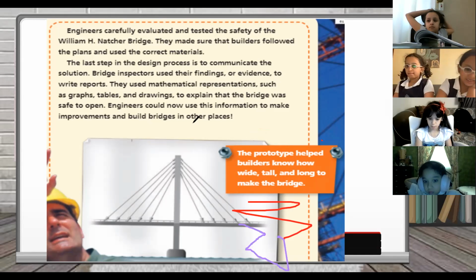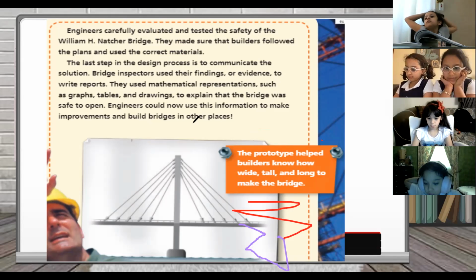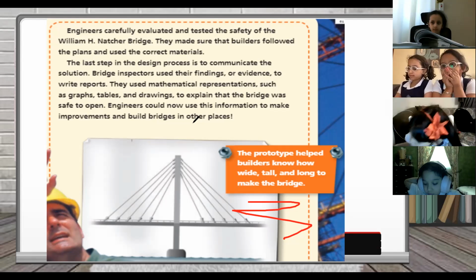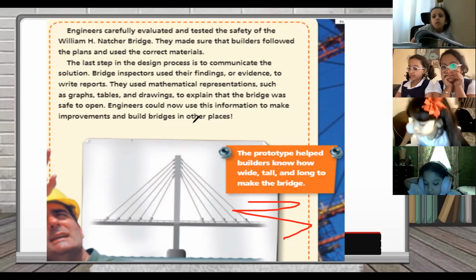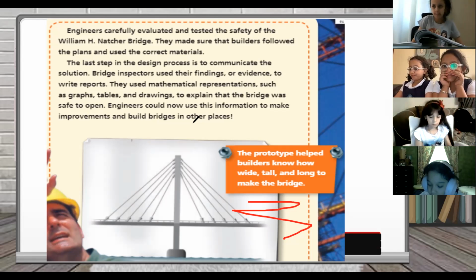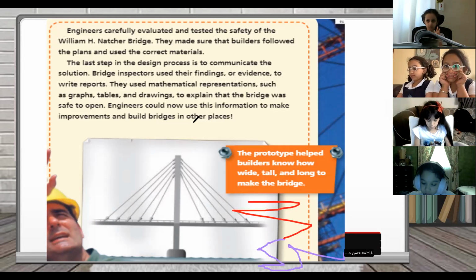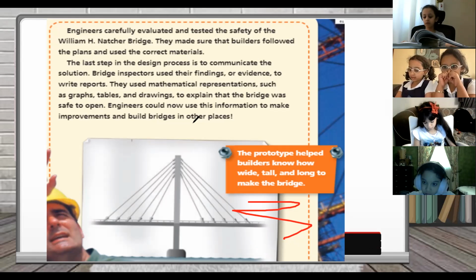I love it. They always need to build a model to make sure that the design is perfect enough. If it's perfect, they will make the real thing. If it has mistakes or flaws, they have to do it again. And doing the real thing again and again is very expensive and not easy, guys.